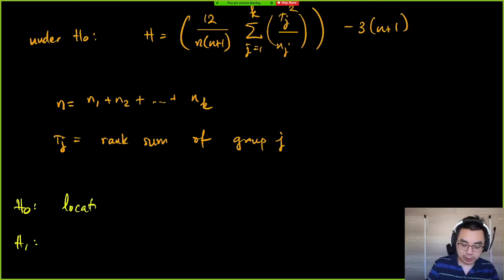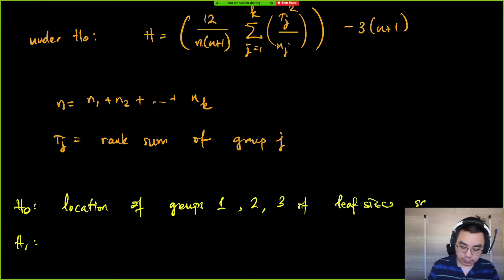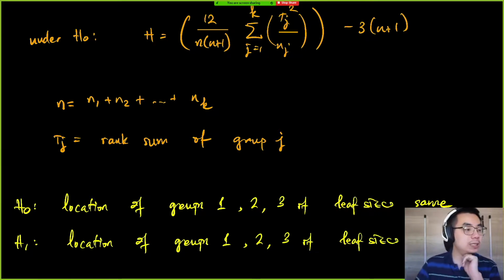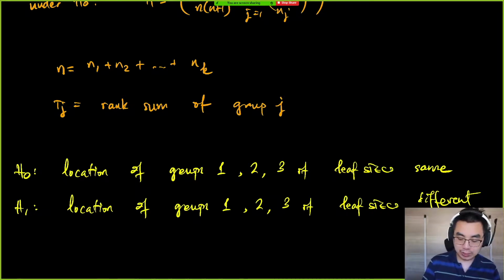So the location of groups 1 to 3 of leaf sizes are the same, and the alternative is that they are different.